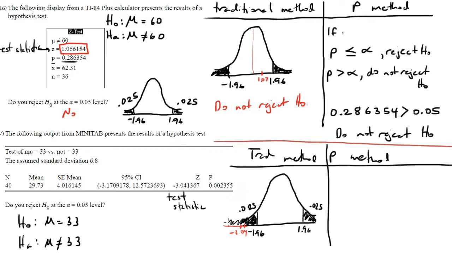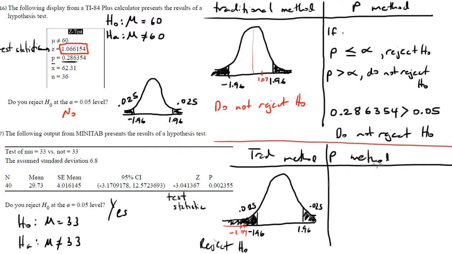Negative 3.04 is less than negative 1.96. It's in my critical region because that test statistic lies in my critical region. It could have been positive 3.04, whatever. Because that z test statistic lies in my critical region, reject the null hypothesis. So do I reject? Yes.